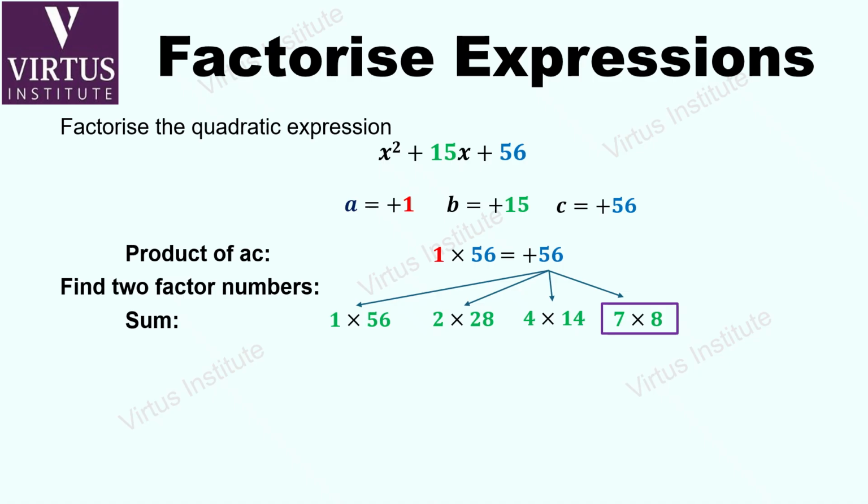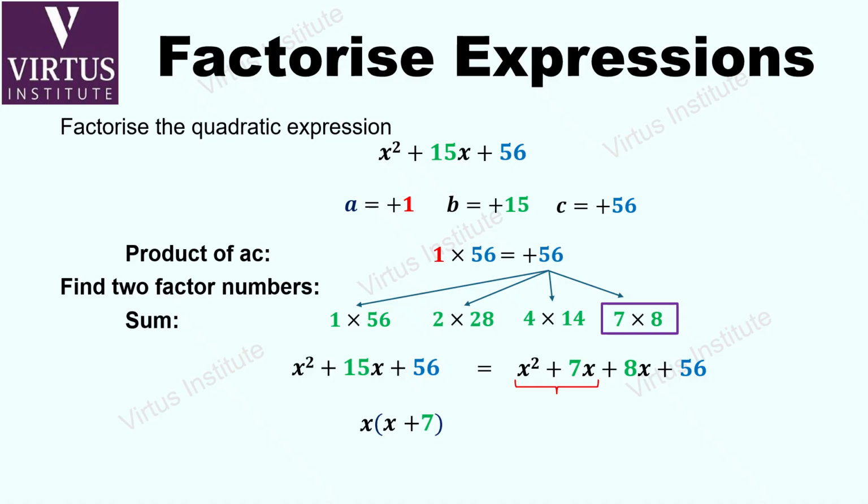Now we write the bx term using these factors, which gives x squared plus 7x plus 8x plus 56. Factorizing the first two terms becomes x multiplied by the sum of x and 7.